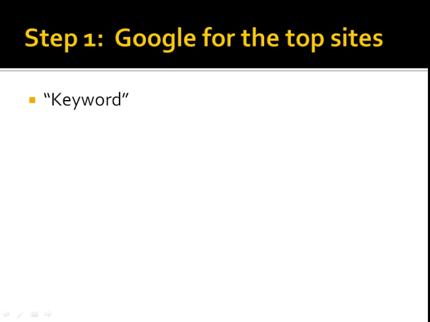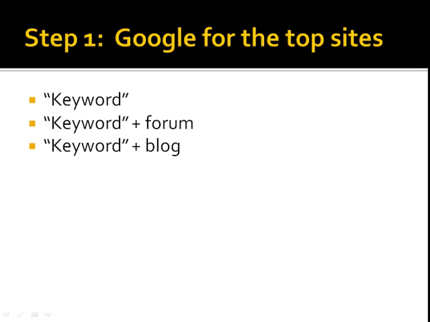First, you can go to Google, you can gather the keywords that you have acquired from the keyword research, type it into Google, or you could type the keyword plus the word forum, or type the keyword plus the word blog. Because a lot of forums are great places to advertise your banner ads, as well as blogs.